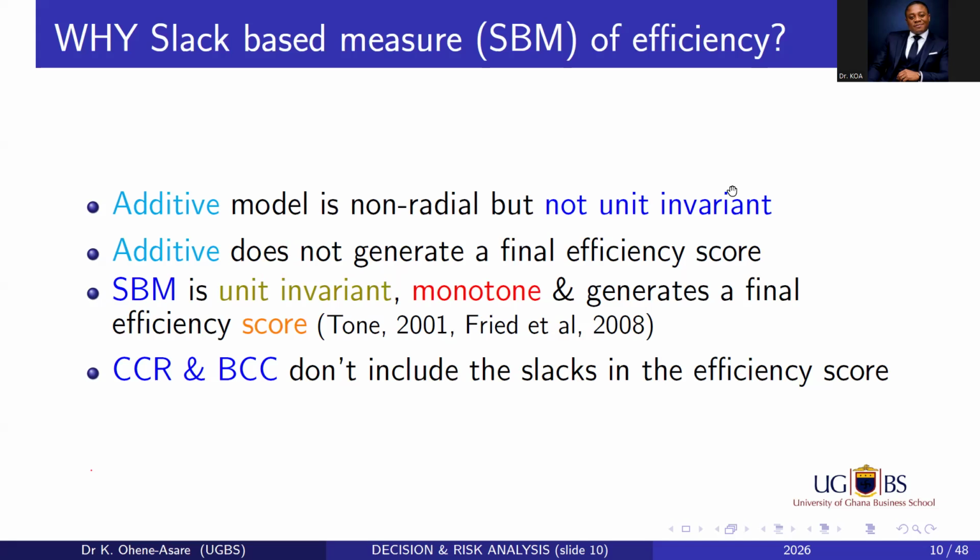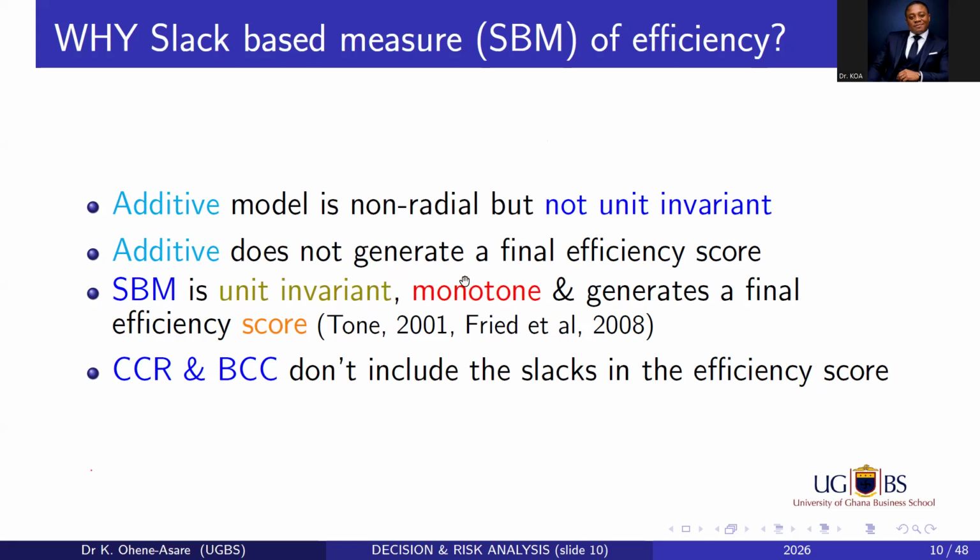Perfect. Excellent. Now, the other disadvantage of the additive model is that it doesn't give you a final efficiency score. Just like the radial, it does not give you a total efficiency score, and so we cannot use that.